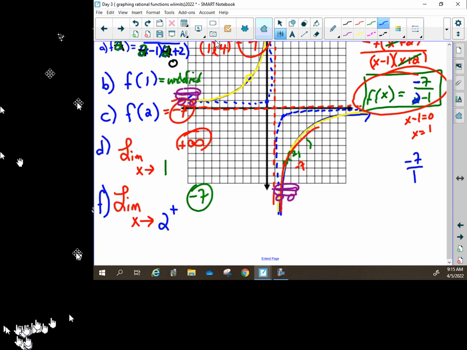The hole does not stop them from approaching 1, because I can essentially start from here. You have an extra time. So this right here does not exist right here.